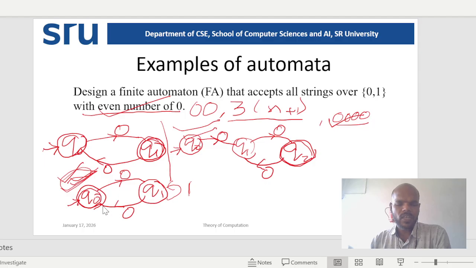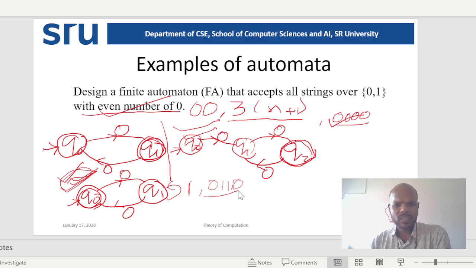0, 0 accepting, 0, 1, 0 even number of zeros accepting, 0, 2, 0, 1, again 1, 0 accepting, yes, accepting. Now you check it this also. String 0, 1, again 1, 0 accepting. Now it is accepting 0, 1, 1, 2, 1, 3, 1, 0 accepting.